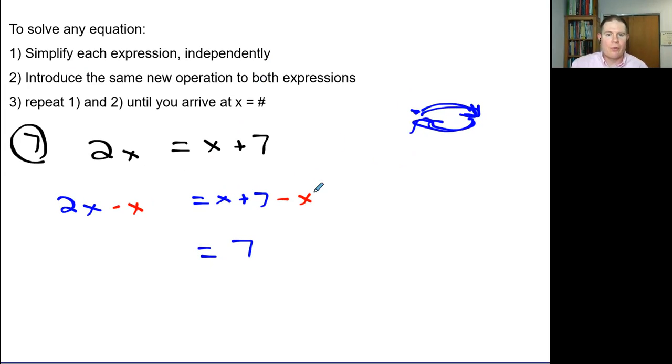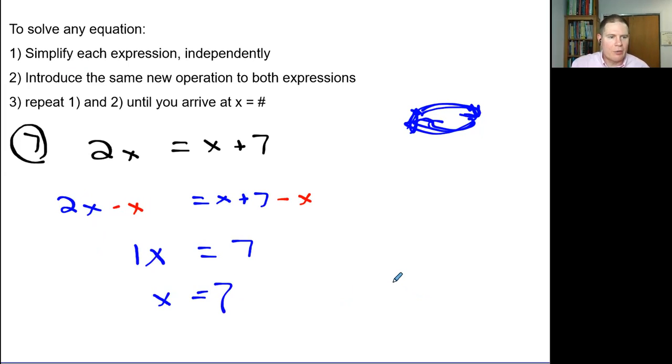I don't need to know the value of x to know whatever number you start with, if you add and then subtract x, you're back where you started. Similarly, like terms here, I don't need to know the value of x to know that if I have 2 of something, I take one of them away, I've got one of those things left. And 1x is x.